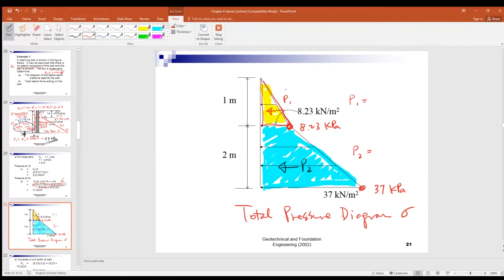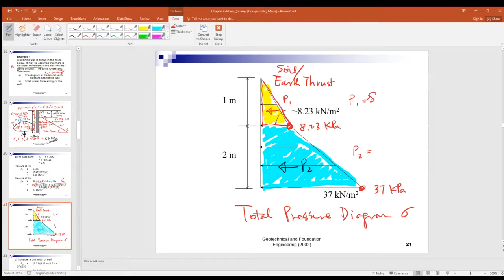So what is the earth thrust, or the total earth force? Earth thrust means force. What's the total force? Whether you are talking soil or earth, it's just the same. Soil thrust P1 is equal to what? The area of the yellow triangle, right?